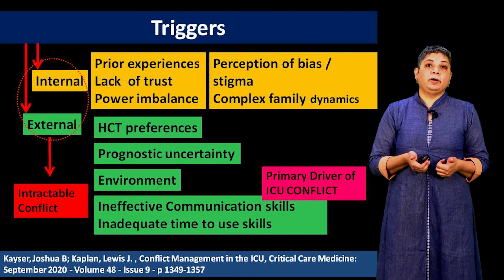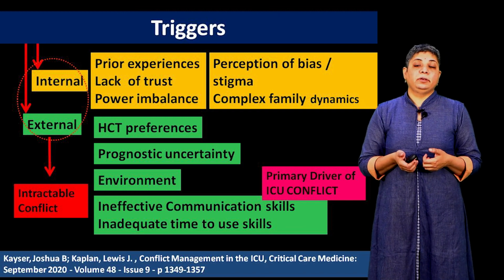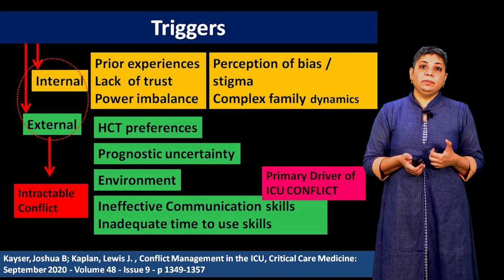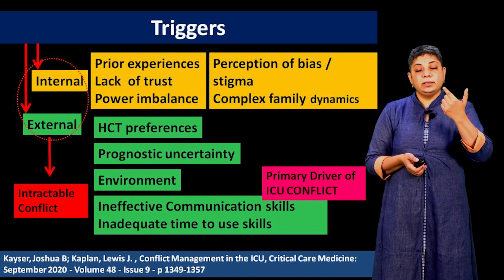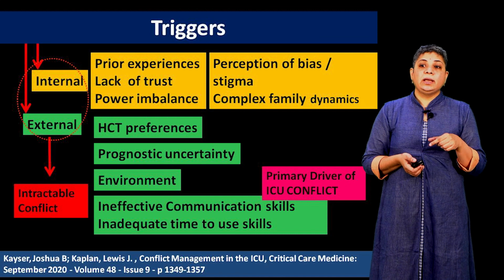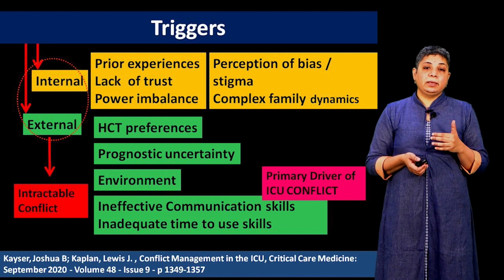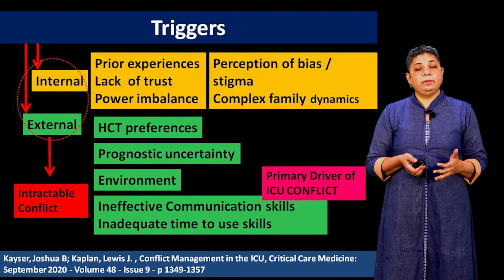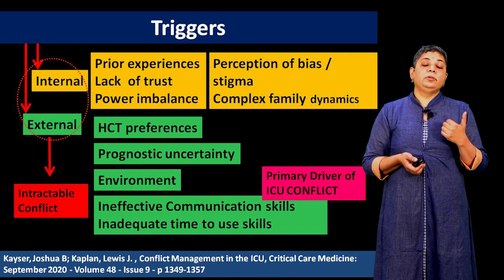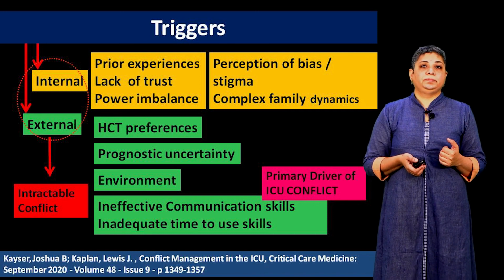And this has been found to be the primary driver of ICU conflict. So when there is a combination of internal and external triggers, that is when conflict becomes intractable. It is very, very difficult to overcome or to resolve a conflict like this.